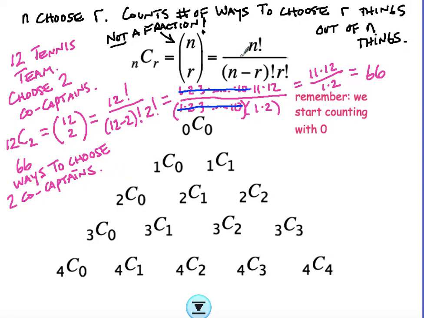Now, how is that tied into Pascal's triangle? Okay, so here we go. So let's say, for example, here. What this one represents is choosing two things out of two things.